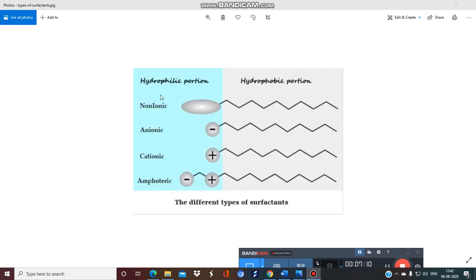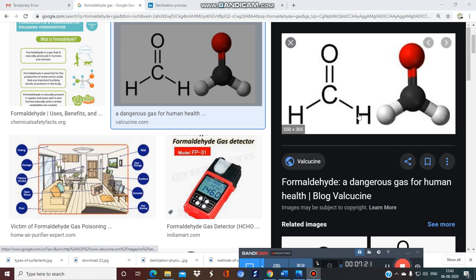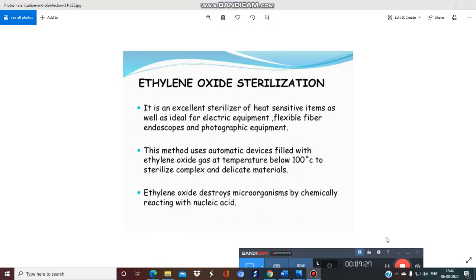In the case of surfactants, there are different types of surfactants like ionic, non-ionic, cationic and amphoteric. So these types of surfactants are also used as a sterilization method. Yes, HCHO, formaldehyde gas, is again used as a sterilization agent. Just see the ethylene oxide sterilization.